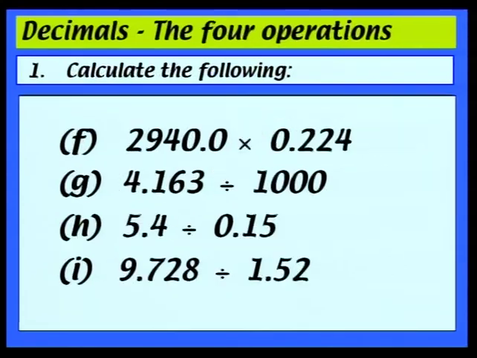Okay, F. Then. 658.56. Okay, 658.56. G. 0.004163. Good. H. 36. And Velma. I. 6.4. Okay, good. Next one.